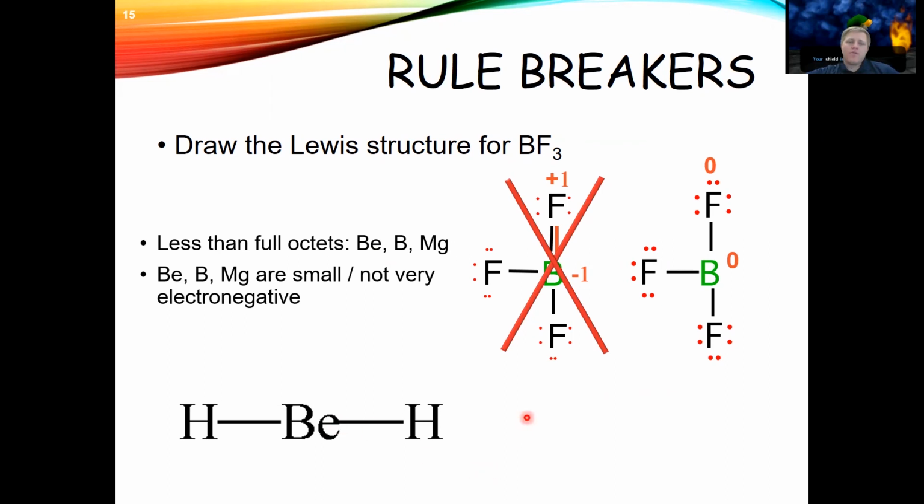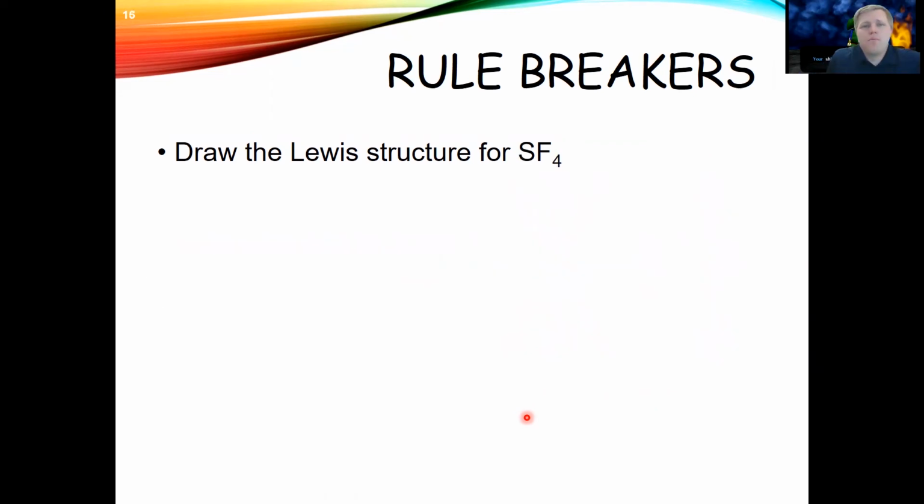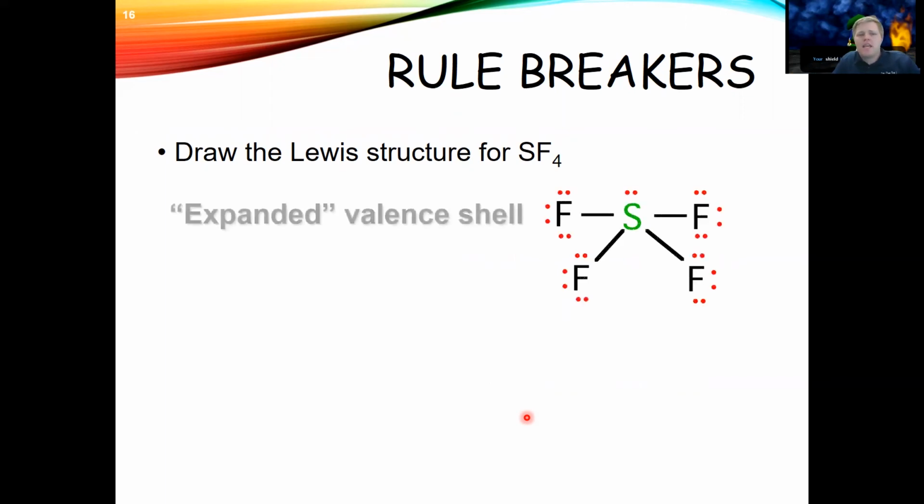Okay, so now we've covered radicals and these 3 guys that can't achieve a full octet. Let's go beyond the octet now to some rule breakers that get what we call an expanded valence shell. So this is the structure for SF4. In this case, all of our fluorines still have 6 electrons tied up in lone pairs and a single bond to the central sulfur.